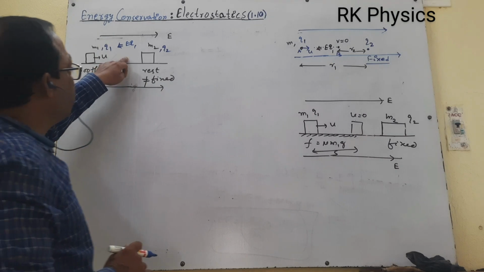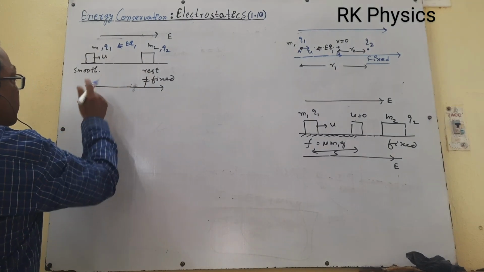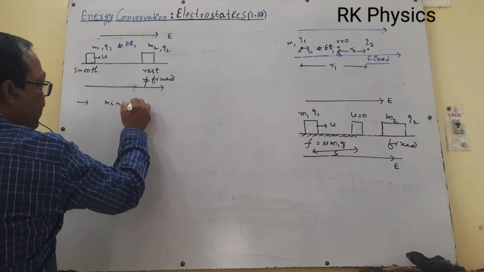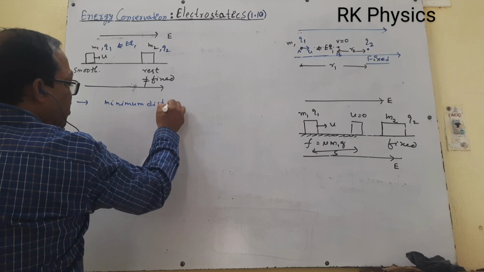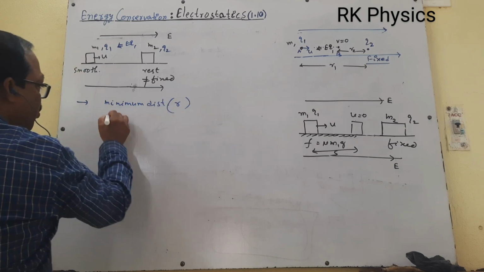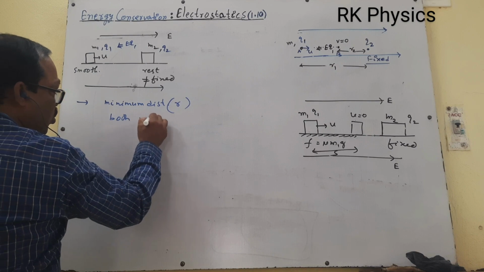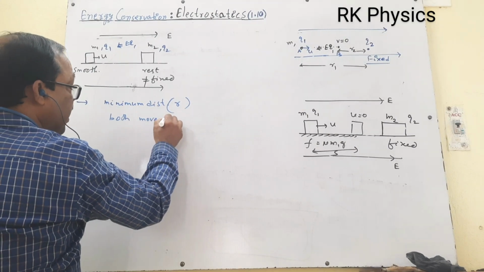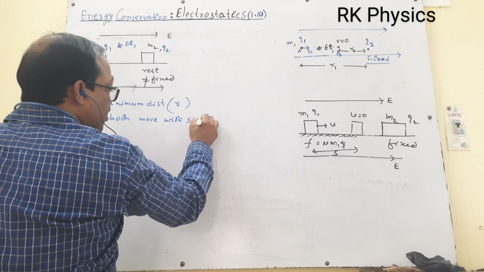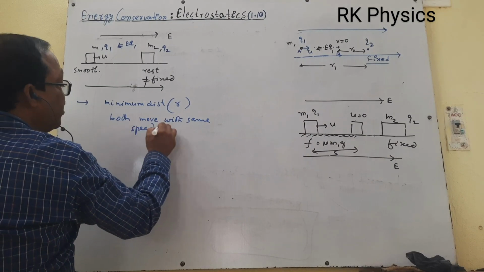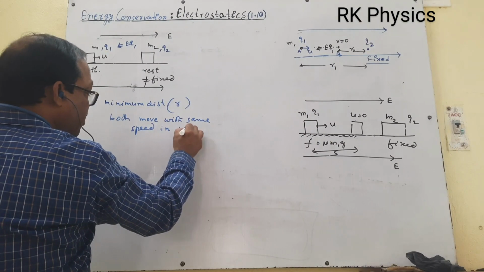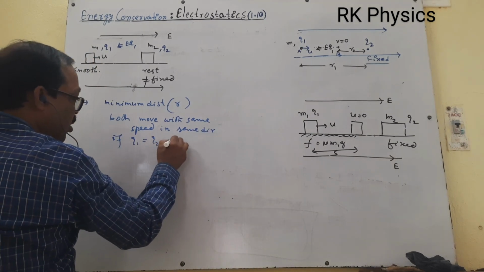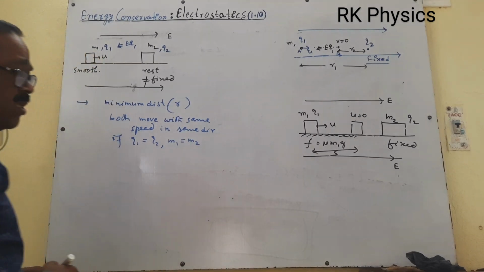If the two bodies are at a certain minimum distance, say R, both move with the same speed in the same direction, if Q1 equals Q2 and M1 equals M2.